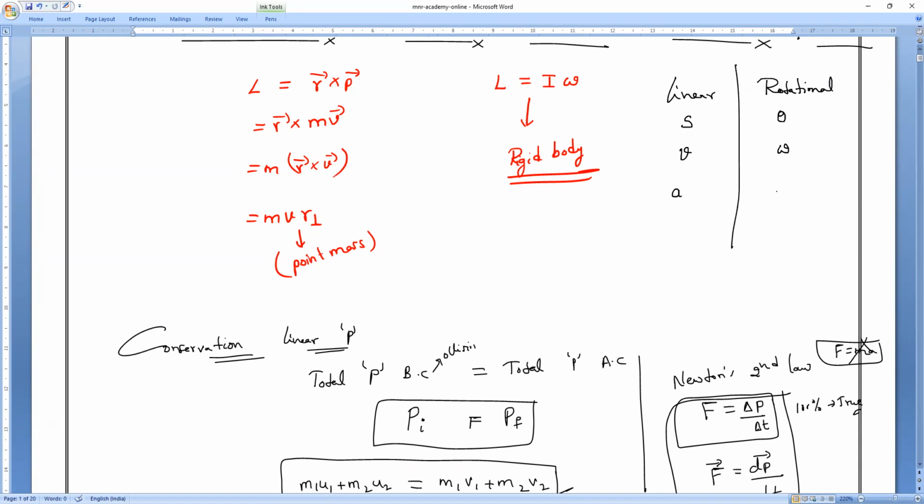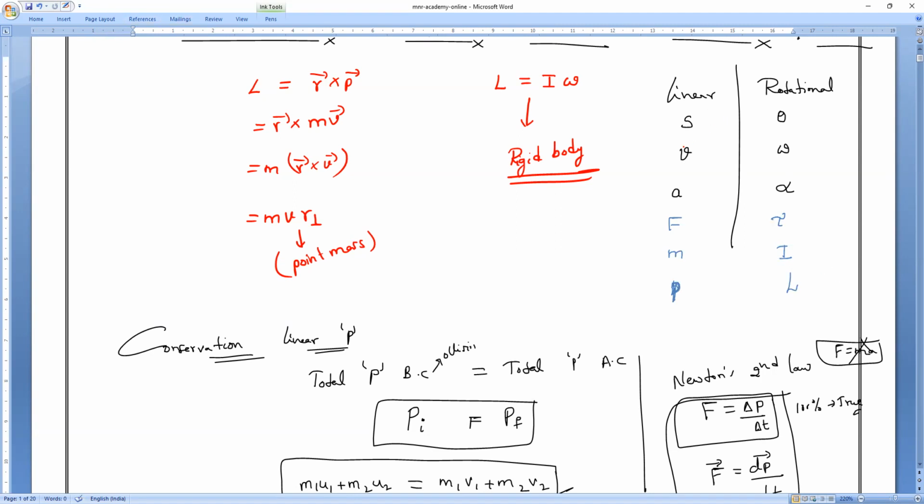Here acceleration a, here angular acceleration, alpha. Here force F, here torque tau. Here mass m, here moment of inertia I. Here linear momentum P, here angular momentum L.